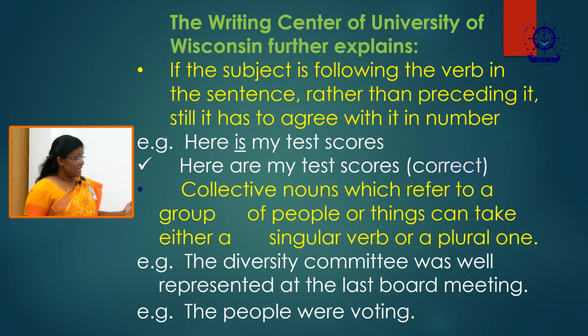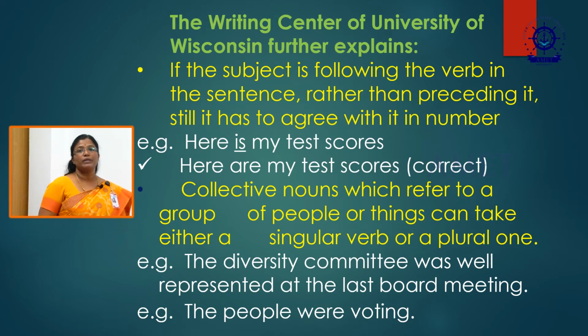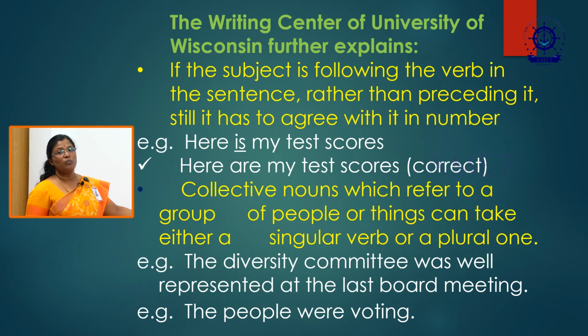Okay. The next example is, the people were voting during election day. The people means each and every single person, which means plural. So here a plural verb is used, not the singular.